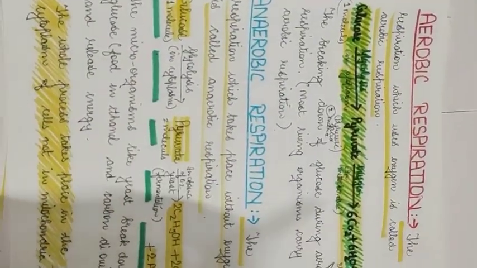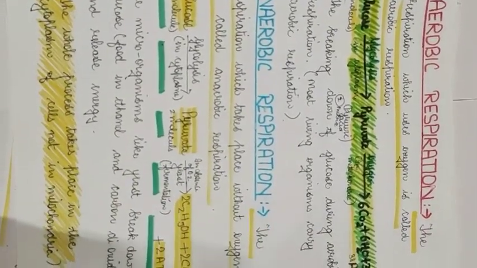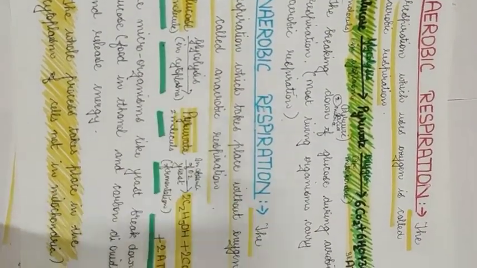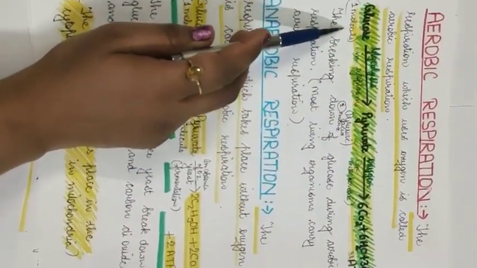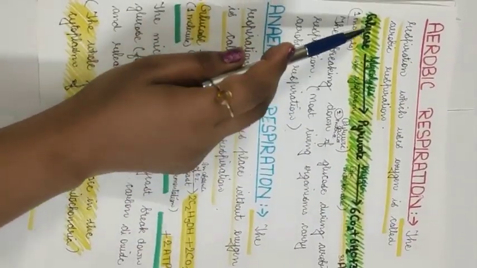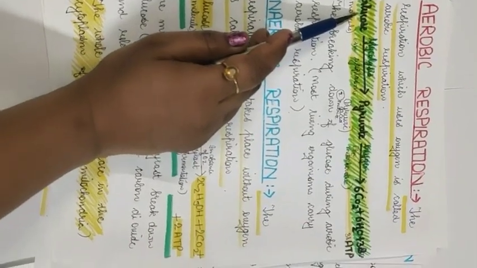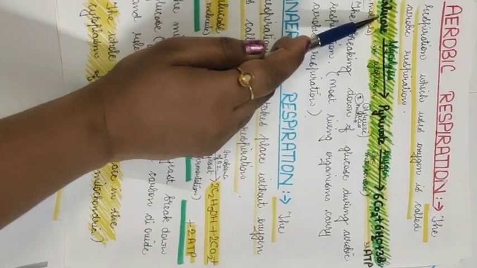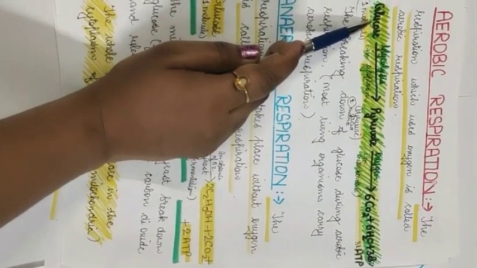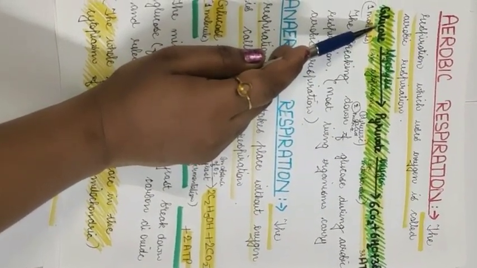Aerobic respiration is the respiration which uses oxygen, so it is called aerobic respiration. Here is a little equation. I hope you can see this. Now glucose is the food which we get after all the digestion and absorption, so it gets assimilated in the body.